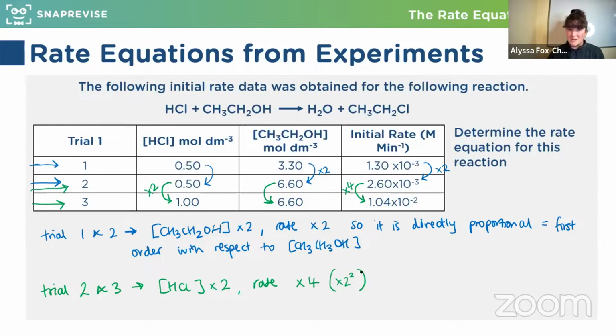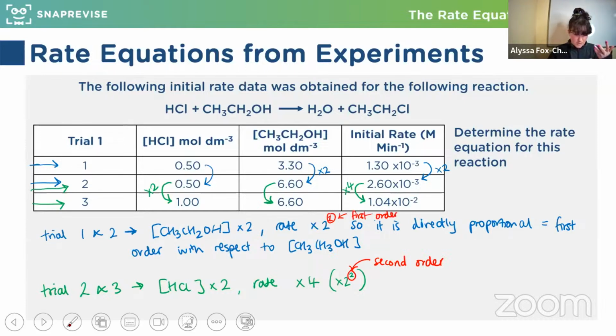Squared is what tells me it's second order. Second order: 2 to the power 2 times bigger. On the first one, it was 2 to the power 1 times bigger, so that means it's first order. For this one, because it's 2 to the power 2 times bigger, that means it is second order.